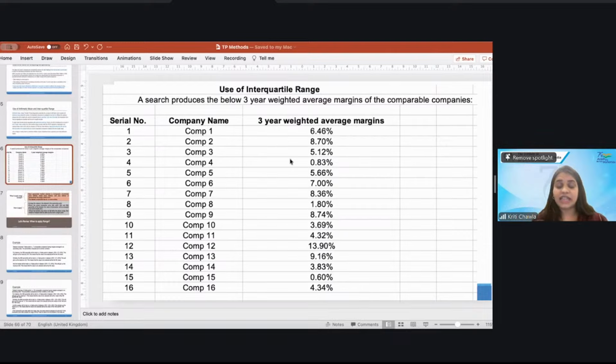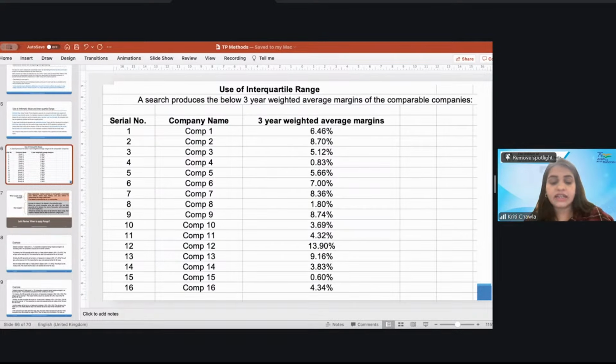From the taxpayer's perspective, they are earning a 15% margin, so the tax they're paying is obviously on 15%. So are they at arm's length? Yes, they are at arm's length. They're not trying to conceal profits. They are obviously earning more than what independent parties are earning. So this is also going to be at arm's length.